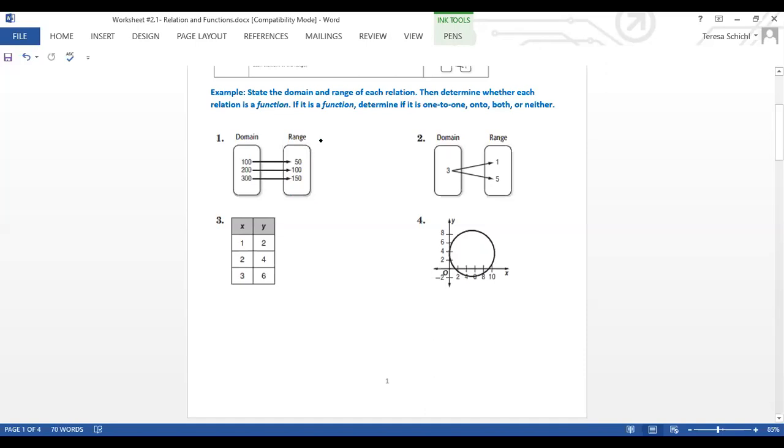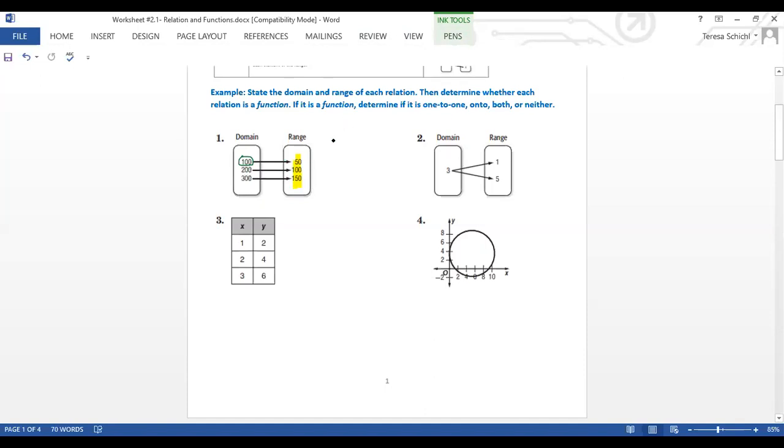Based on this, every element in the domain has only one value in the range. All the values in the range have been covered, and each one gets only one.